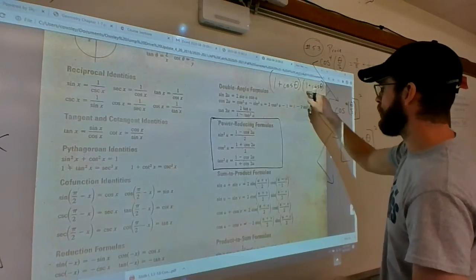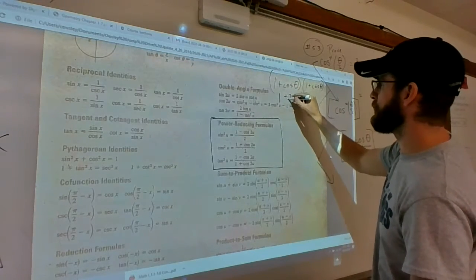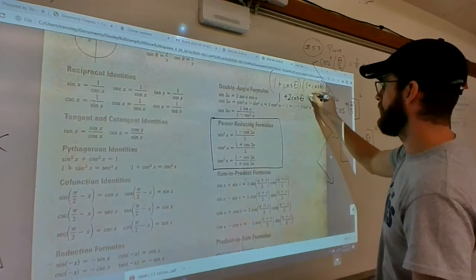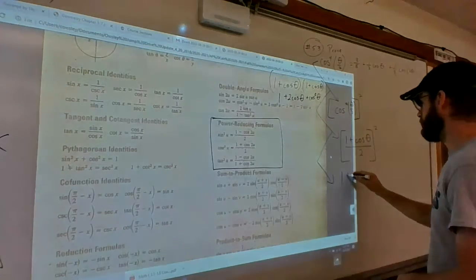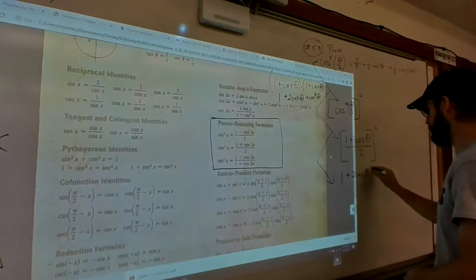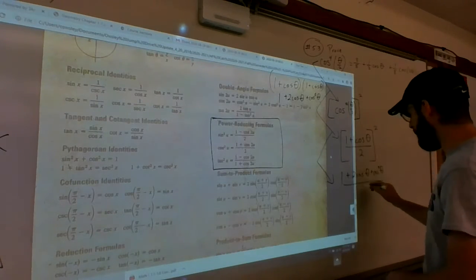All right, 1 times 1 is 1, plus cosine. So there's a 2 cosine of theta in there, plus cosine squared. All of that's divided by 2 times 2.